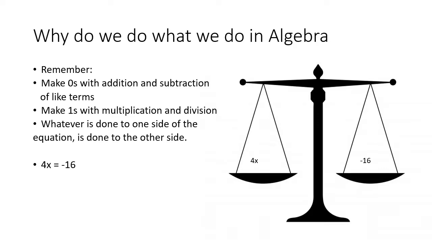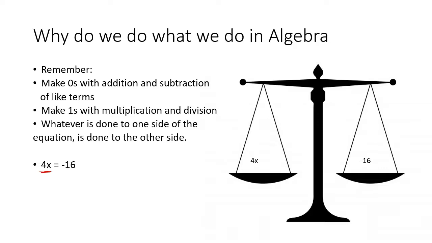And here we have, now remember, we're trying to isolate the variable. So where I want to isolate is right here. I want to get rid of that 4 that's next to that x, because when that x is by itself, then I will have isolated it. Okay, that's what isolate means, to get something by itself.